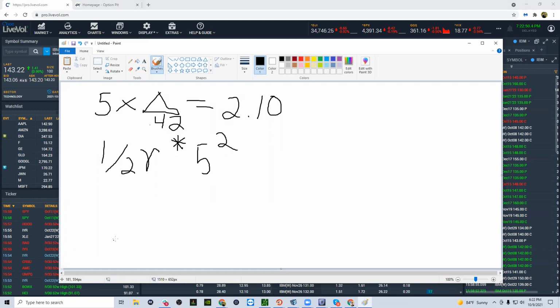So in this case, my gamma is 0.03. So it'd be 1/2 times 0.03, which is 0.015, times 25.